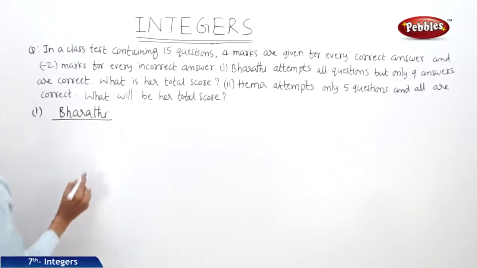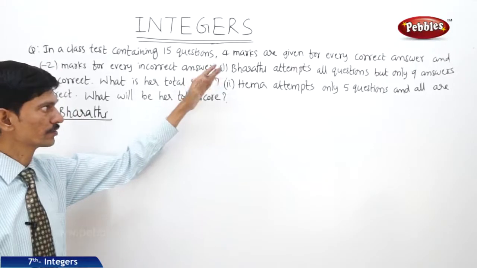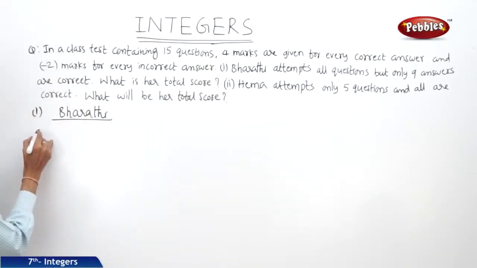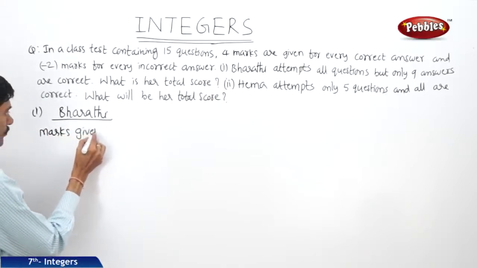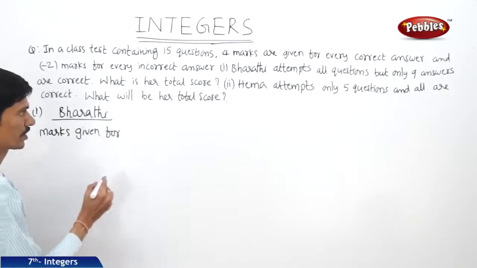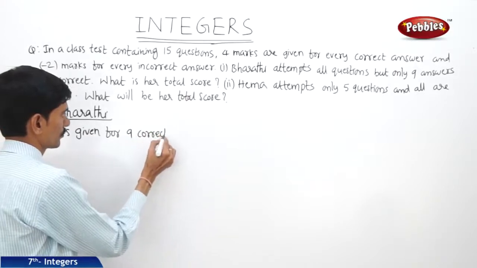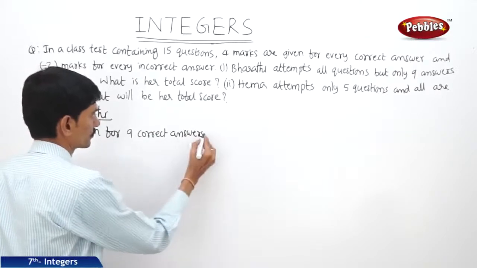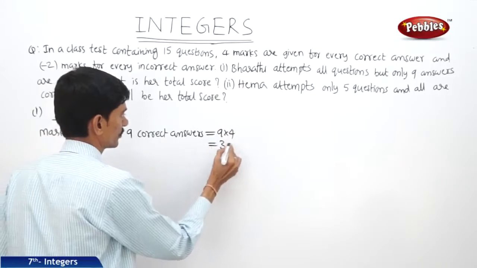Bharati's case here. Now in case of Bharati, she attempts all questions. So out of 15 questions, she attempted 15 questions but only 9 answers are correct. Then marks given for nine correct answers equals 9 into 4, so that equals 36.